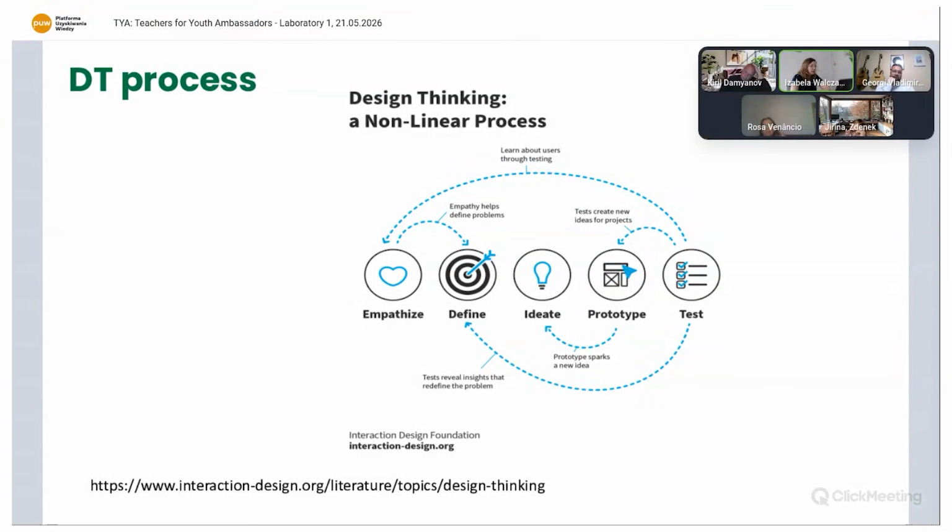So we start with empathize. We try to discover and find out about what the user really wants, also trying to put ourselves in their shoes. Then we go to defining what the challenge is, what the problem is really. Only afterwards do we think about solutions.